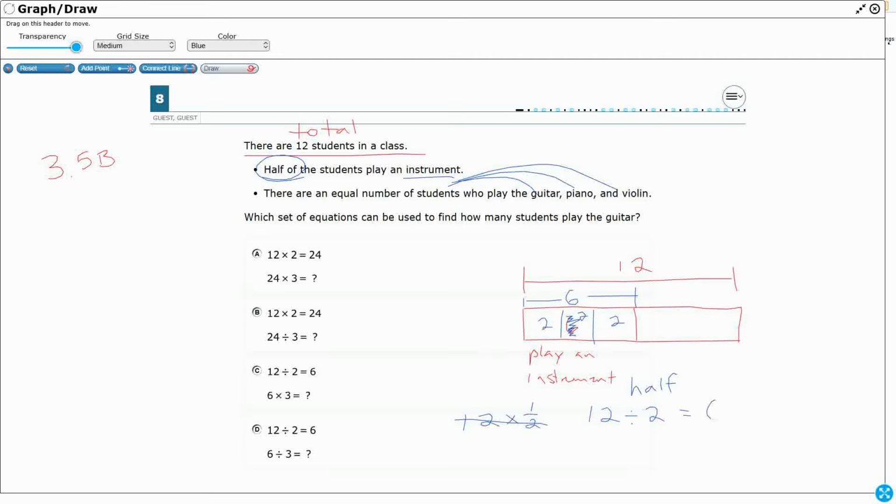All right, that got me my 6. Then of that 6, what did I do? Well, there are equal groups. And I know there are 3 equal groups because there are 3 equal instruments. And so then I took my 6 and I divided it by 3 equal groups and I got my question mark, but I know that 6 divided by 3 makes 2.